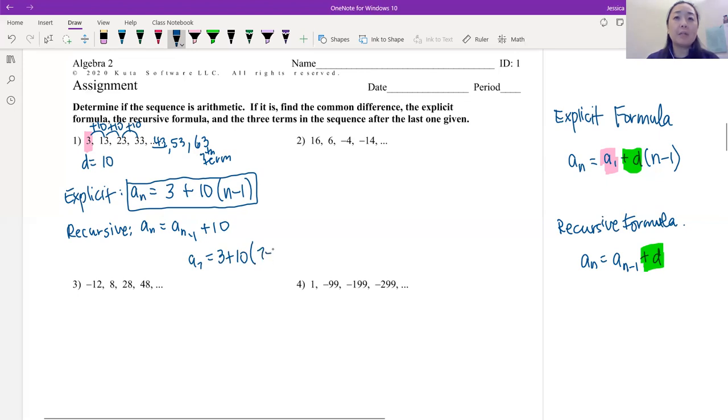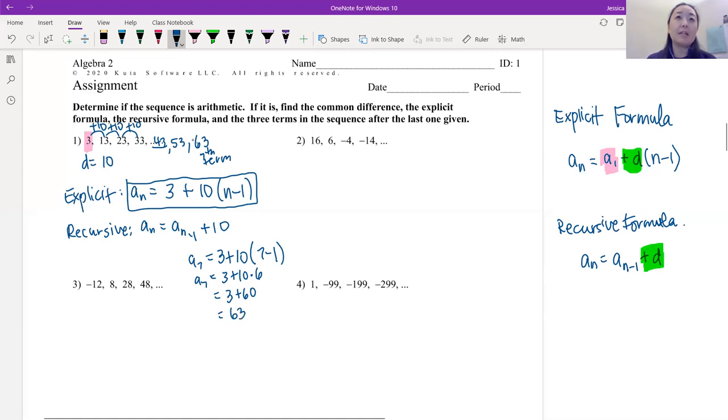So this is going to be 7 minus 1, just like that. Then order of operations: parentheses first. So 3 plus 10 times 6, because 7 minus 1 is 6. And then we're going to multiply first, because that's order of operations. So that's equal to 3 plus 60, and that would be 63.